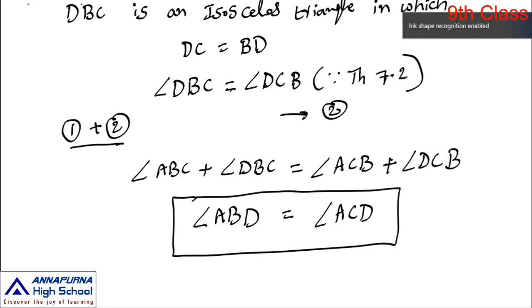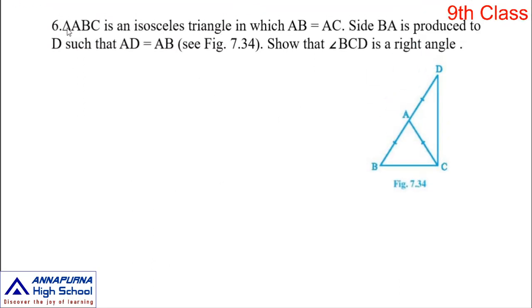Next, the sixth problem. Triangle ABC is an isosceles triangle in which AB is equal to AC. See the figure 7.34.